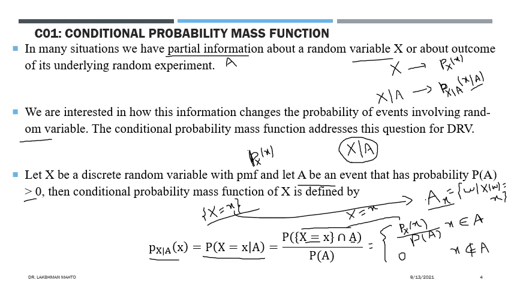If x is within A, the conditional probability mass function will take this value, that means the marginal probability mass function of x divided by the probability of A. So this is the definition of the conditional probability mass function of X given A, where A is the partial information.